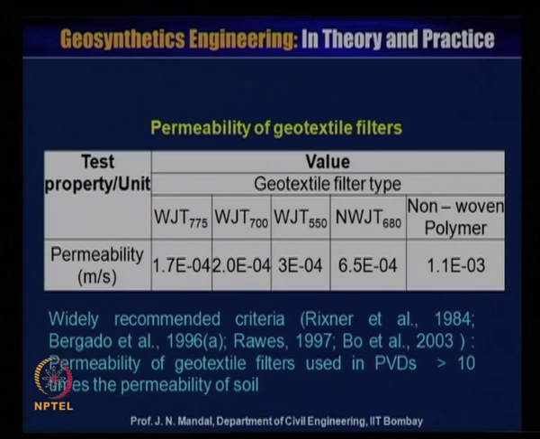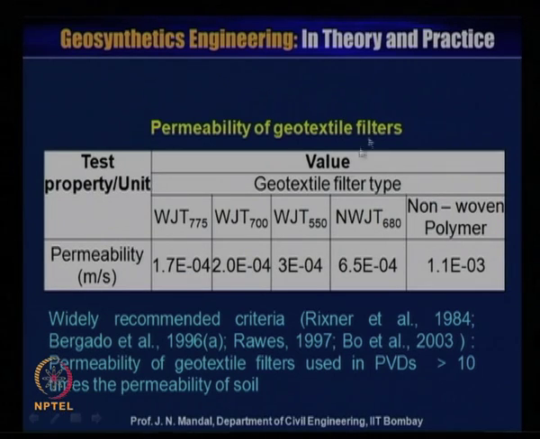We have already studied how to design the filtration and the drainage. Here for the natural prefabricated vertical drain, one of the important parameters is the apparent opening size of the geotextile that has been shown. Apart from that, we should also study the permeability of the geotextile filter. That is also a very important factor in the case of drainage and filtration.